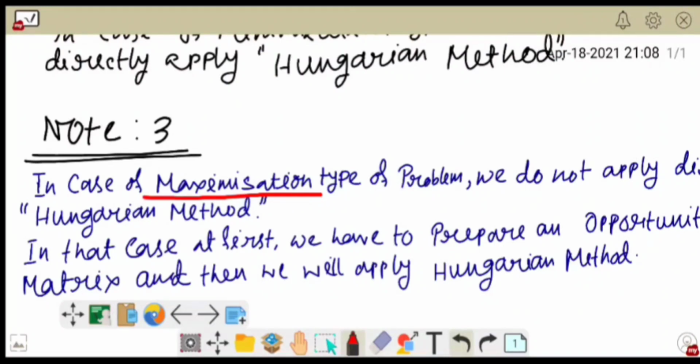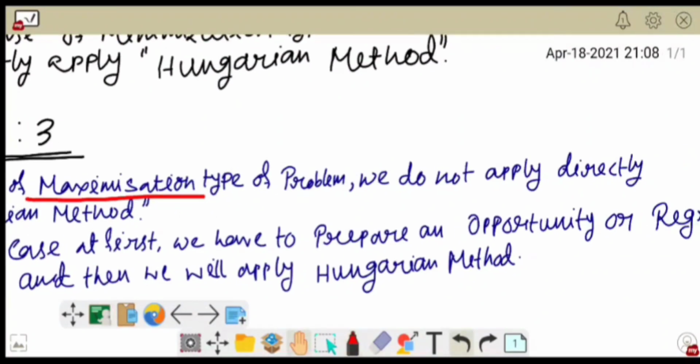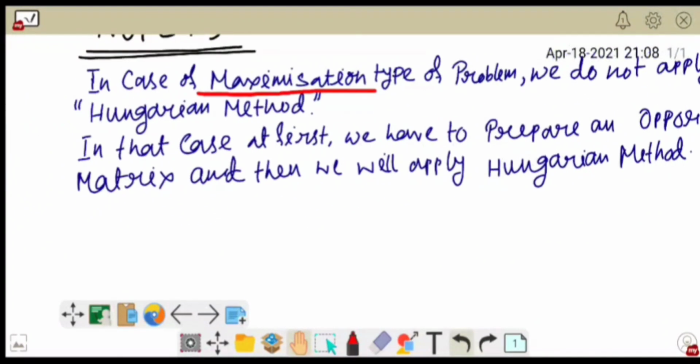In that case, at first we have to prepare an opportunity or regret matrix, then we will apply the Hungarian method. So what is an opportunity or regret matrix? We will do that kind of example in the practical sums.